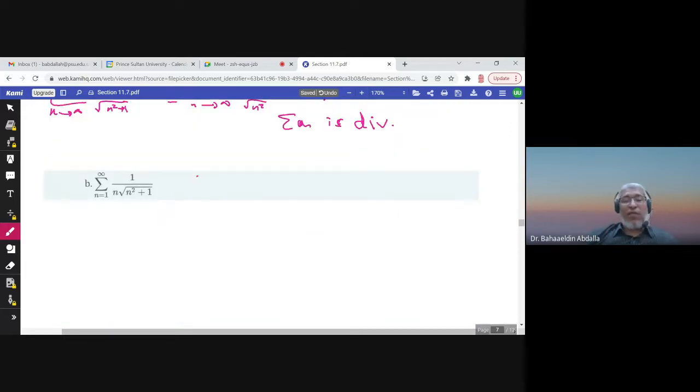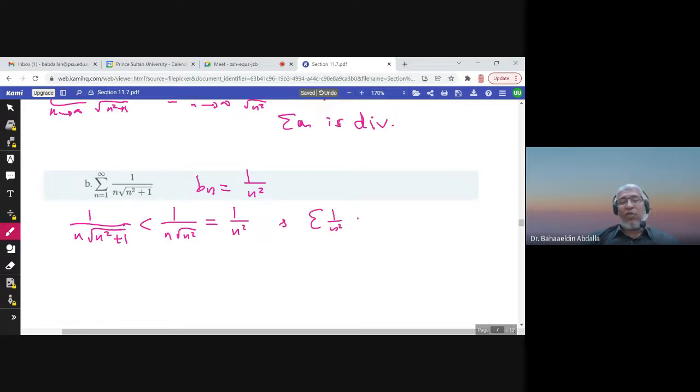While here, if I take bn = 1 over n square, so 1 over n times the square root of n square plus 1, this is a plus, so I can write it less than this. And the square root of n square is n, so this is in fact 1 over n square.